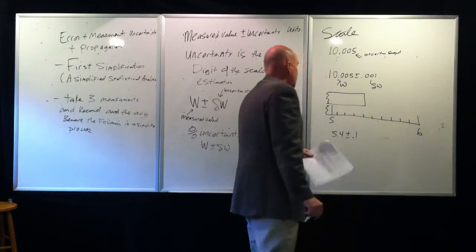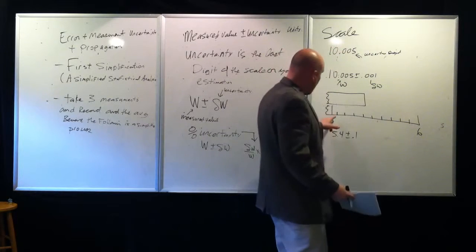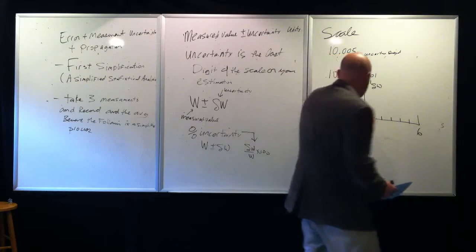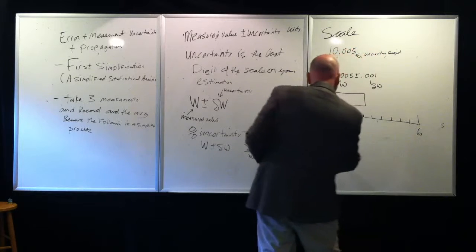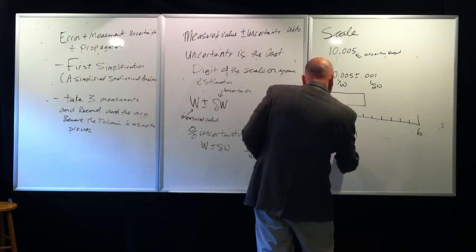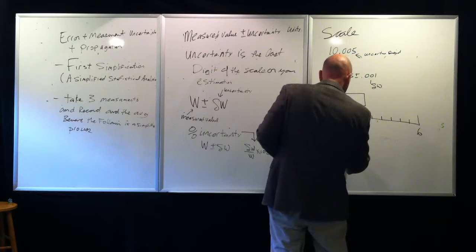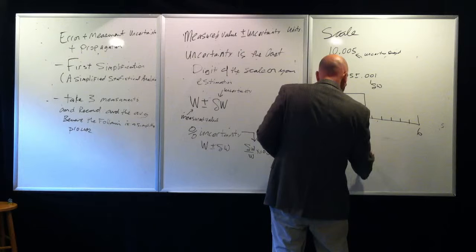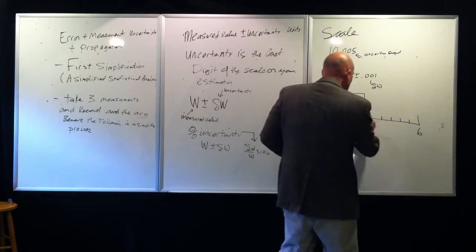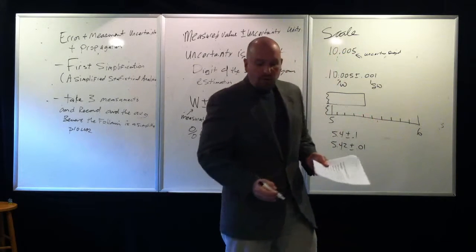Now we can come up with an estimate. We know it's 5.1, 2, 3, 4, and it's a little bit better than that. So this would be 5.4, and I would say it's about 0.2 from there: 5.42 plus or minus 0.01, because you're estimating 1 digit or 1 unit better.